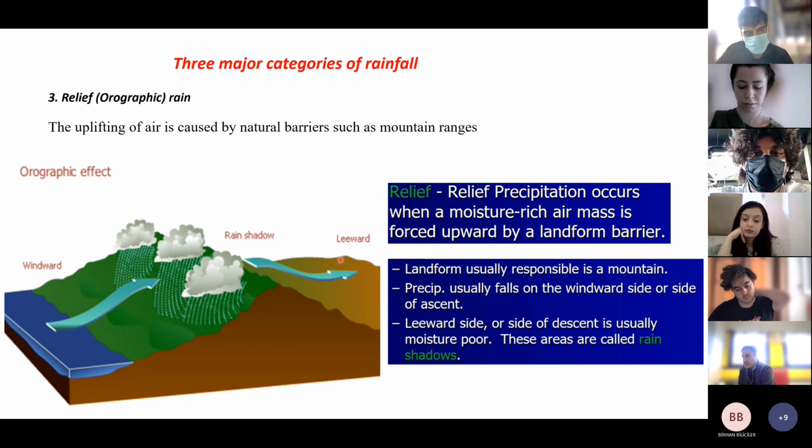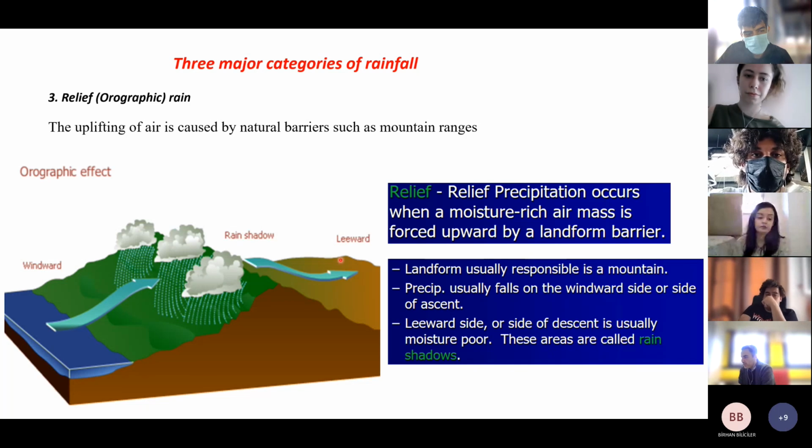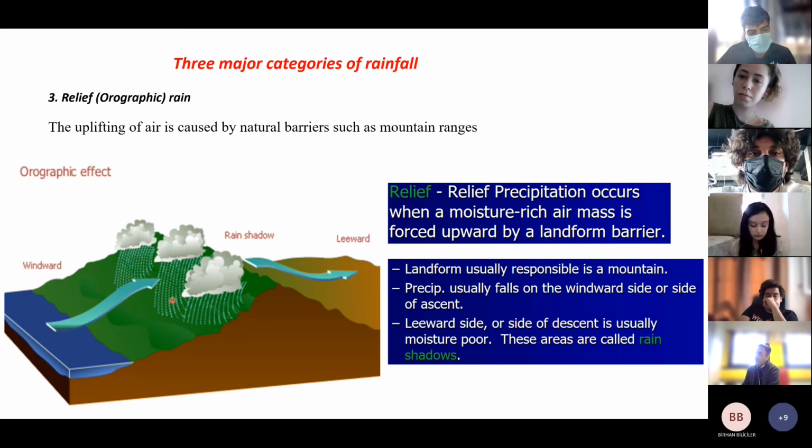Relief precipitation occurs when a moisture-rich air mass is forced upward by a landform barrier, like a mountain. The landform usually responsible is a mountain. Precipitation usually falls on the windward side, or side of ascent. Windward, this side. The leeward side, or side of descent, is usually moisture poor. These areas are called rain shadows. Okay, this side is called rain shadows.